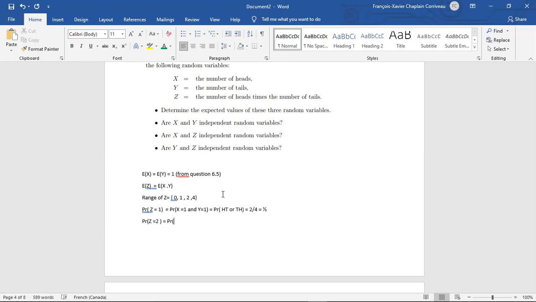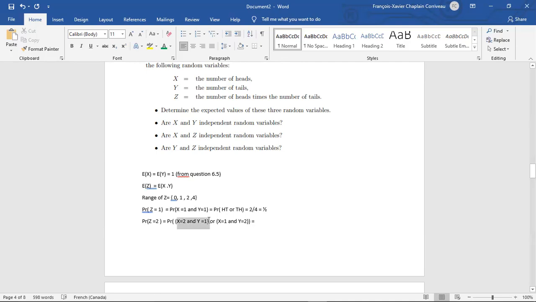So think in terms of the values. So if Z is equal to 2, exactly. So I have two cases, right? So x is equal to 2 and y is equal to 1 is one case. Or x is equal to 1 and y is equal to 2. Now we think, what is that probability? 0, exactly.